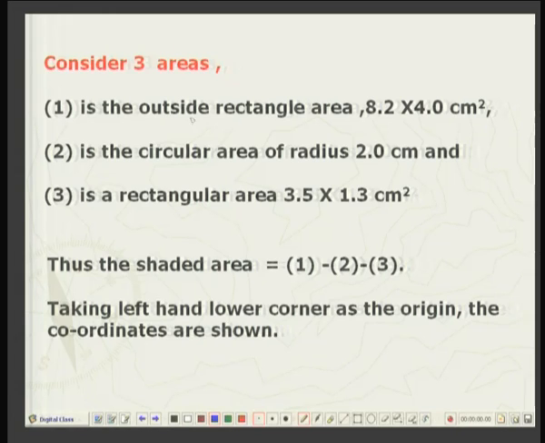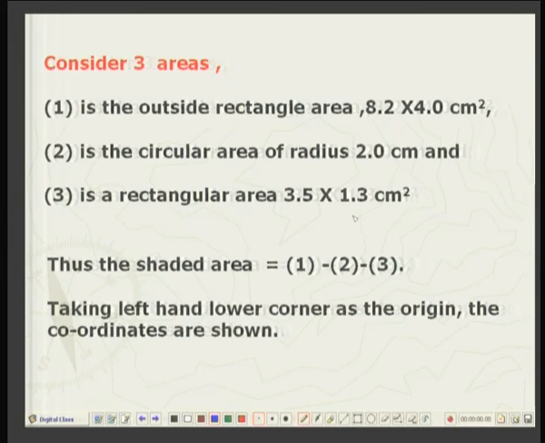So, we will consider three areas. First, area number 1 is the outside rectangle, as I said, of dimensions 8.2 into 4 centimeter square. Then there is a semicircular area of radius 2.0 centimeter, and then there is a rectangular area of 3.5, that is 35 mm, and 13 mm.